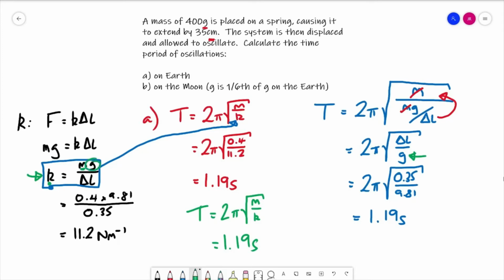So therefore, if acceleration due to gravity changes, then the extension will also have changed. And you can see from the equation over there that they are directly proportional to each other as well. So any effect that g in this equation over here will have had the same effect on the extension of the spring in the first place, and therefore this 35 centimetres that we've got up here wouldn't be the same if we'd taken that to a different planet.